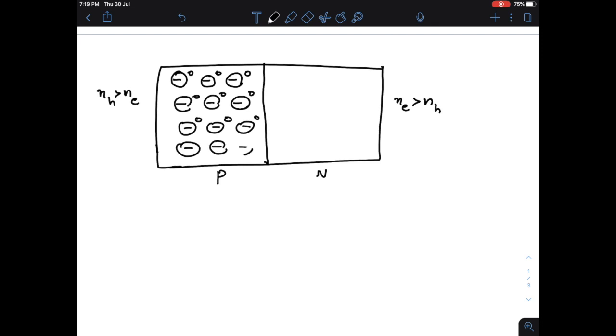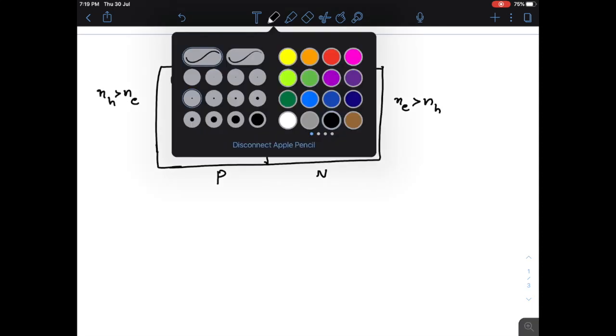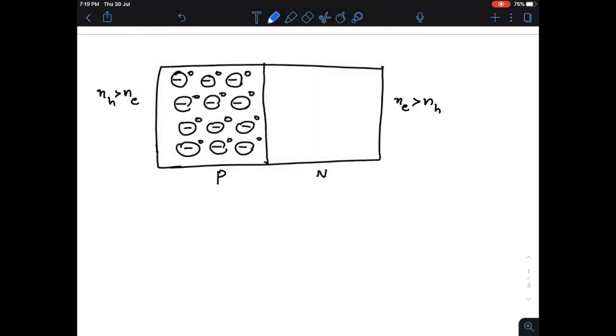So these are all acceptors and holes which are majority. And now I will consider electrons as this filled one. Due to thermal agitation, you also have minority carriers, and here the minority are electrons. So few electrons you will have.